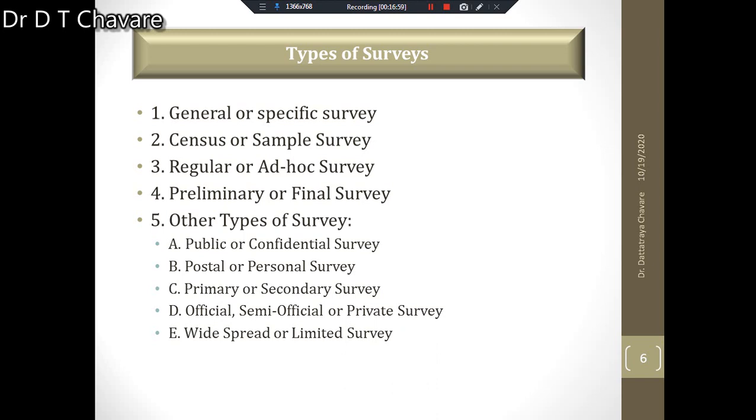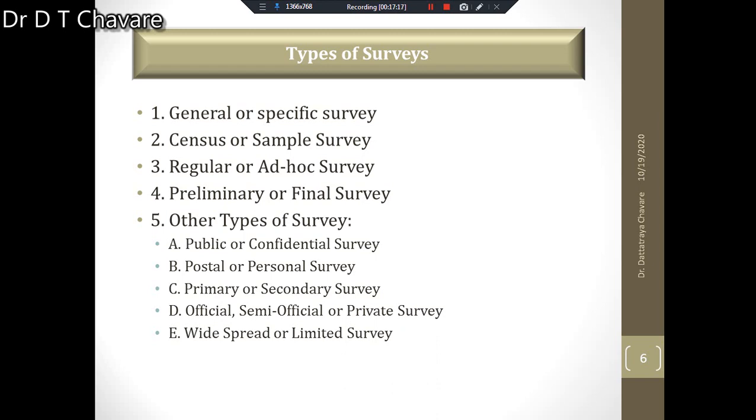In the general survey, the entire community is studied in a general way. In that name also the word general is there. That's why you have to make the survey of the entire community.